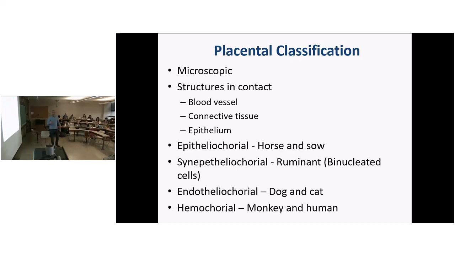And then the last one is basically going to be the hemochorial, in which, in domestic animals, we don't have many examples. Humans would be one of those, in which the chorion gets in contact with a pool of blood already. Okay, no more endothelium, no more connective tissue, just straight a pool of blood.